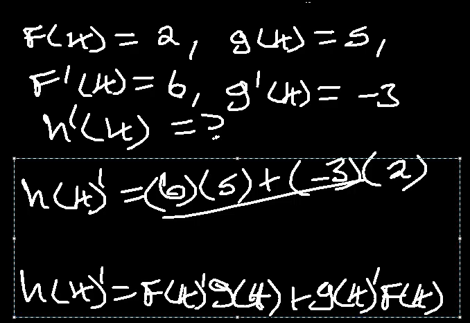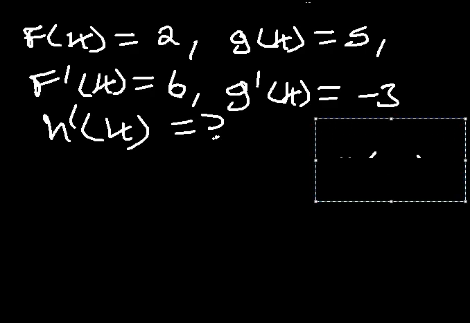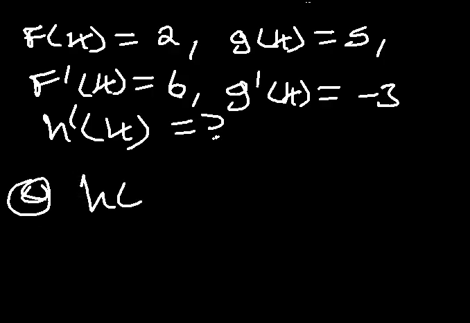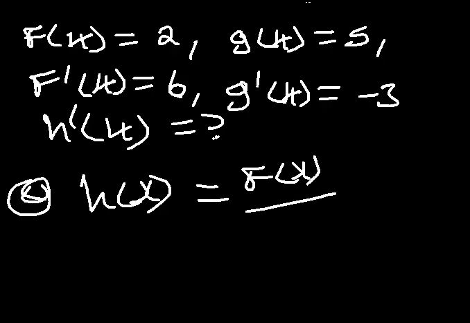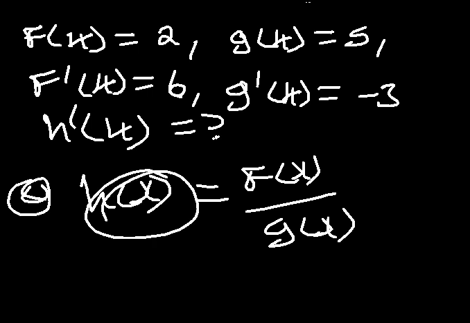Now let's have question part C. Let's say we have h of x being given as f of x divided by g of x. How should you have the derivative of h of x?